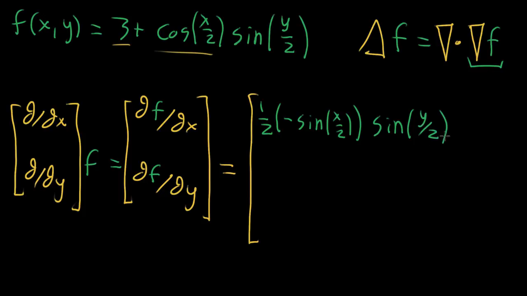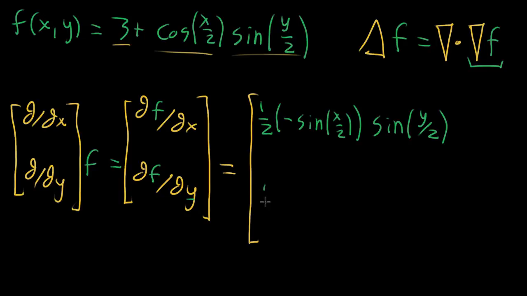And then for the second component, the partial derivative of f with respect to y, 3 still looks like a constant because it is a constant. Now cosine of x over 2 looks like a constant because as far as y is concerned, x is a constant. But then the sine of y has a derivative of cosine, and we also take out that 1/2.